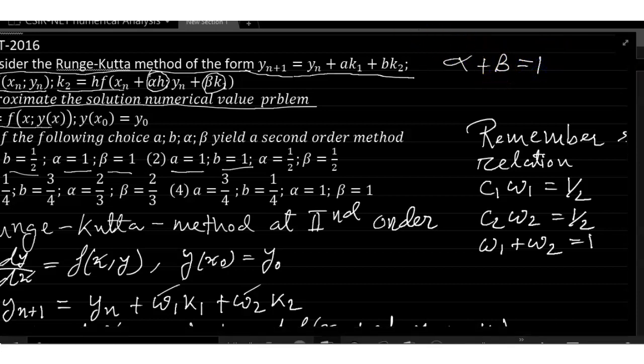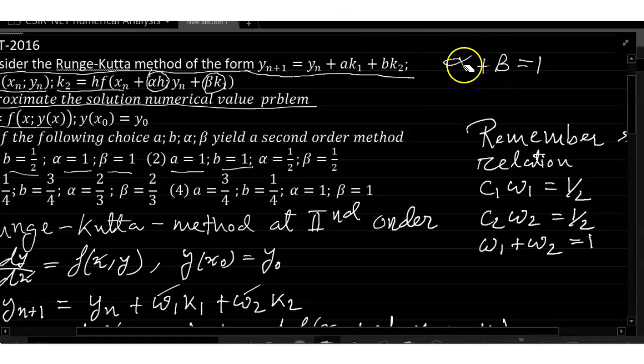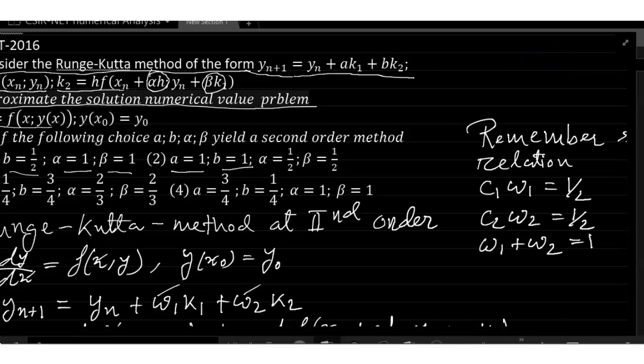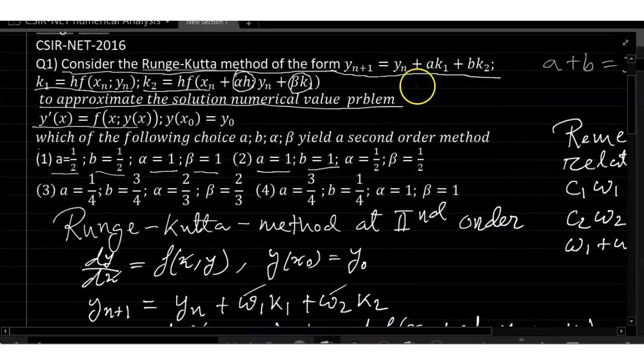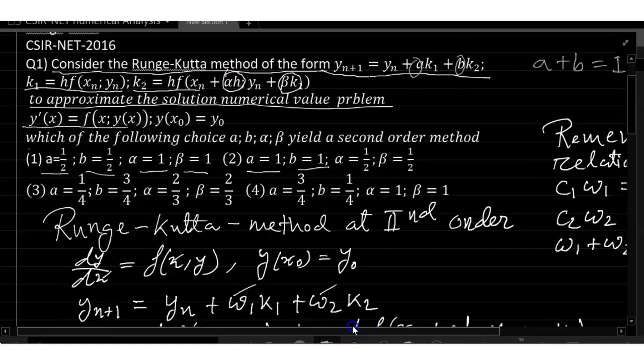Sorry, it is not alpha plus beta, it is a plus b: a plus b equals to 1.